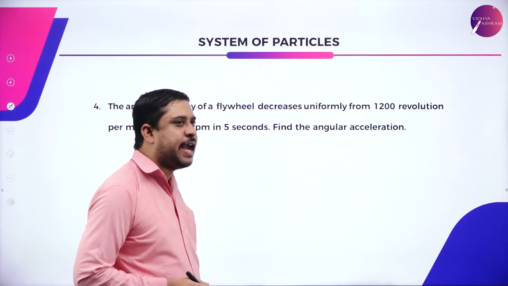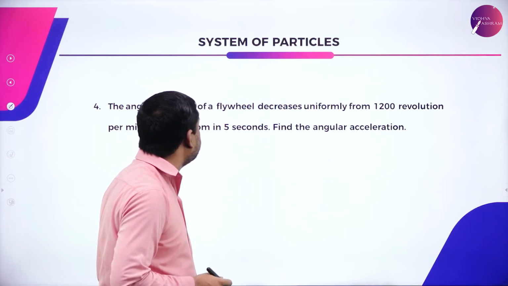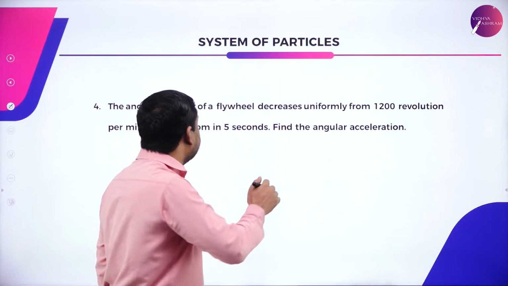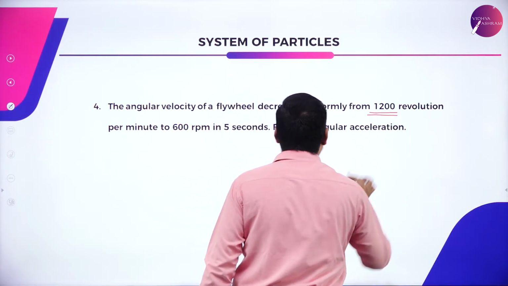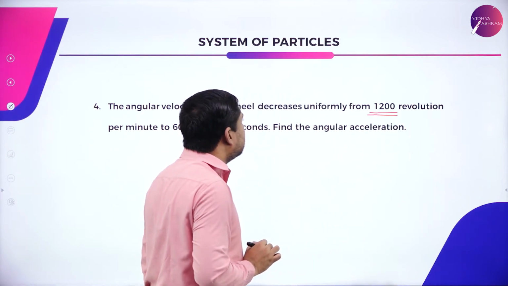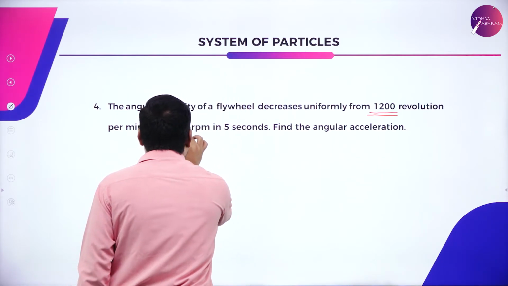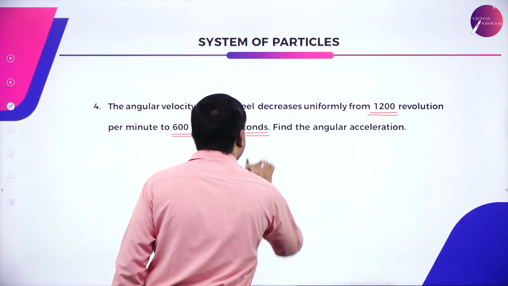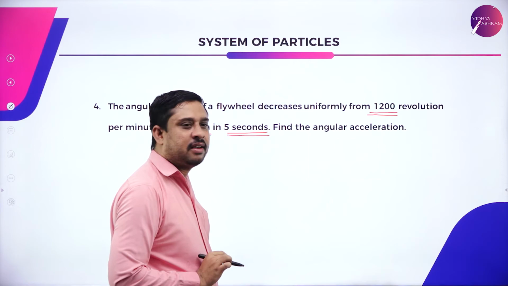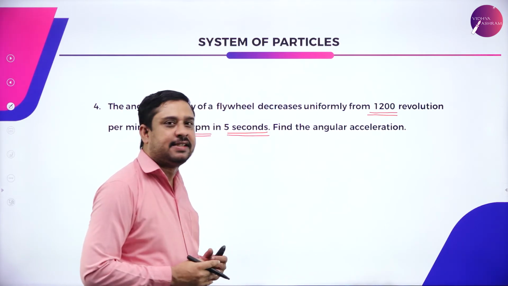Again, the same way, the angular velocity of a flywheel decreases uniformly from 1200 revolutions to 600 revolutions per minute in 5 seconds. Calculate the angular acceleration.